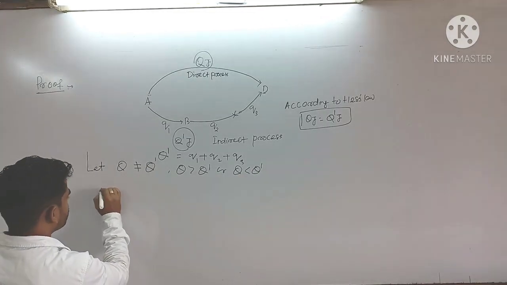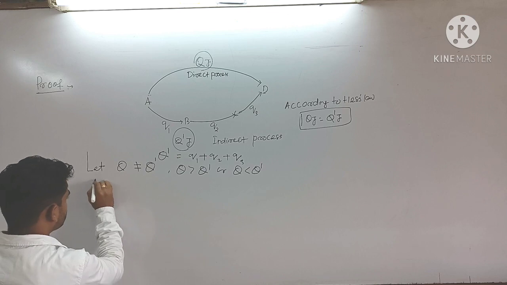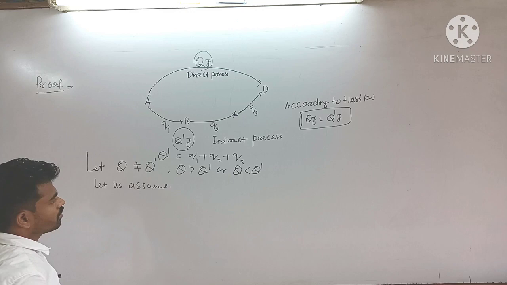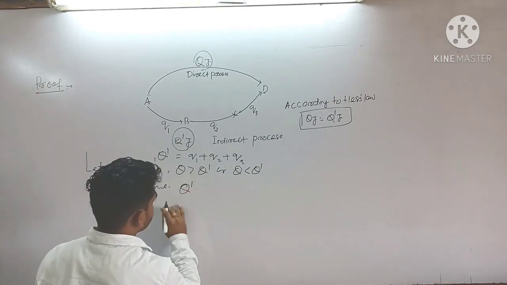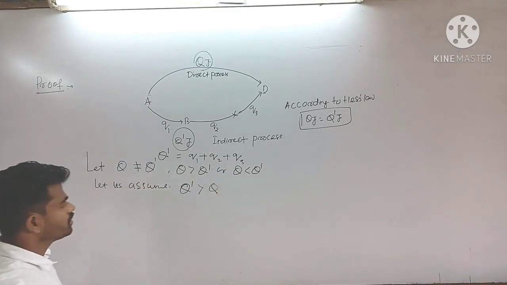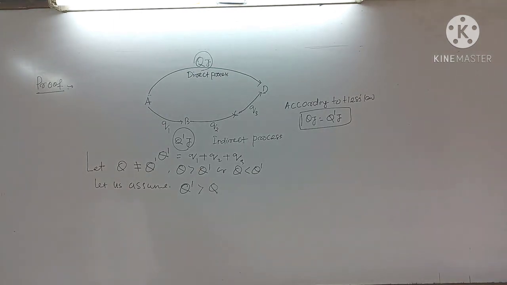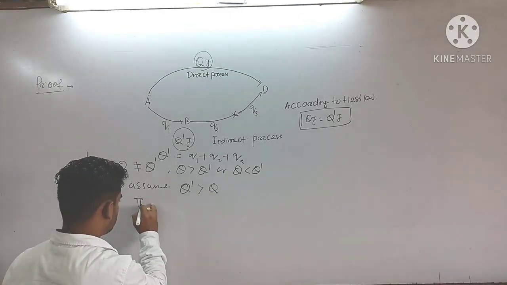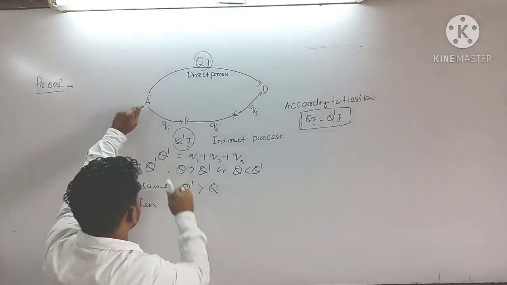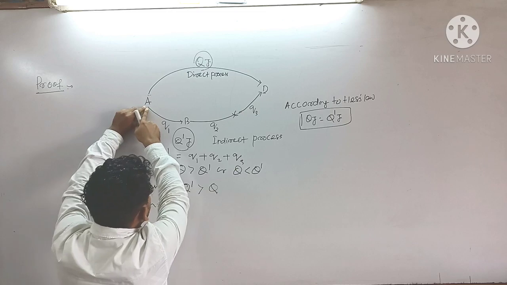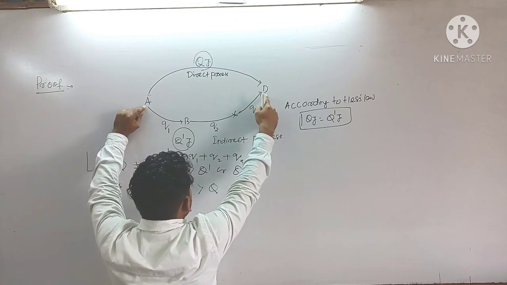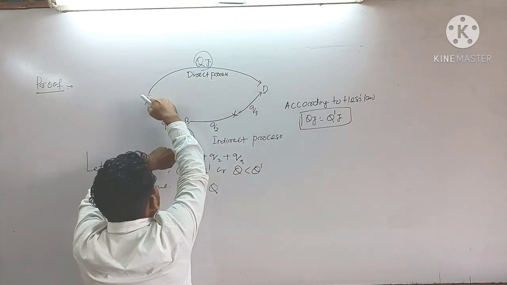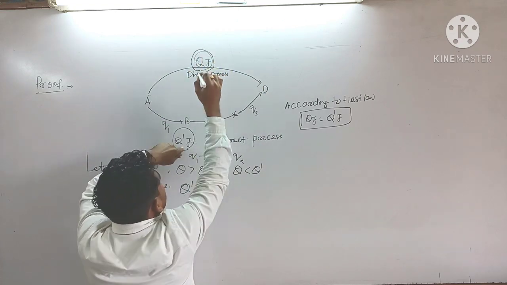Let us assume Q dash is greater than Q. So if Q dash is greater than Q, then in a single cycle, cycle means if you start your journey from A to D, the amount of energy evolved, that is Q dash, and from D to A, the amount of energy absorbed, that is Q joule.